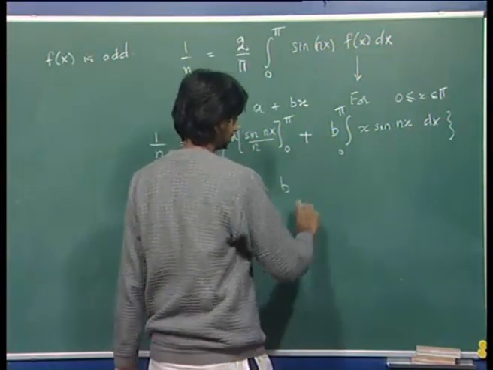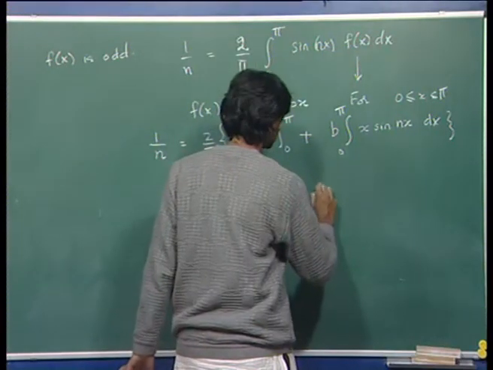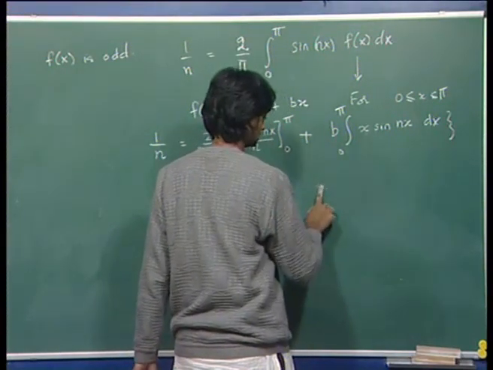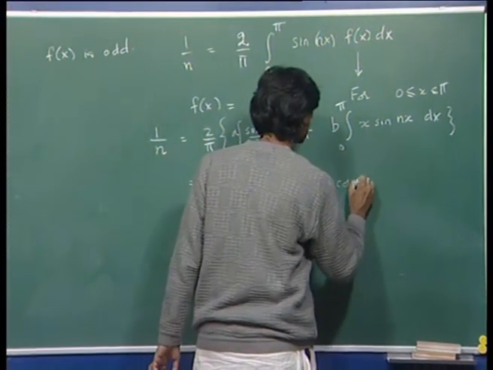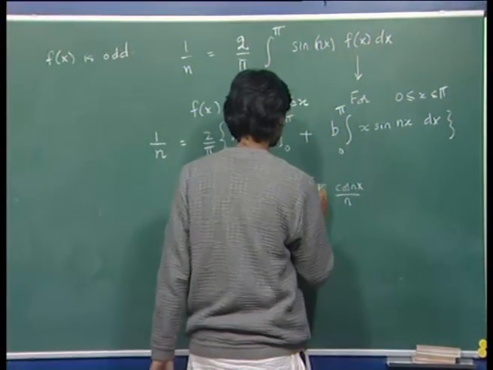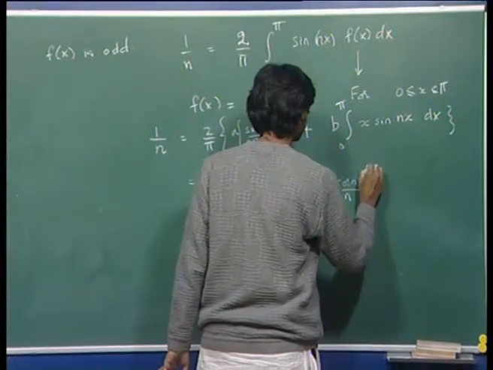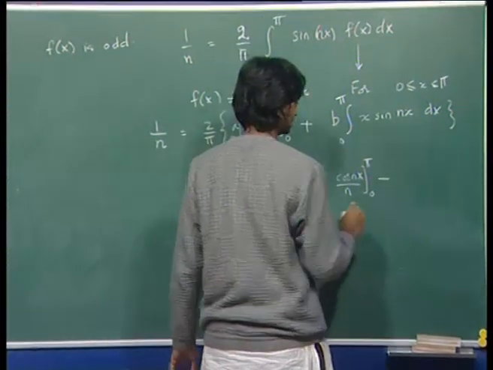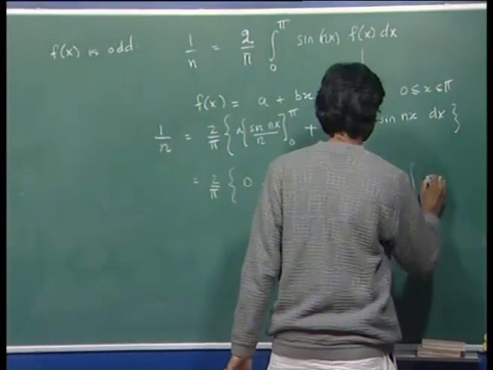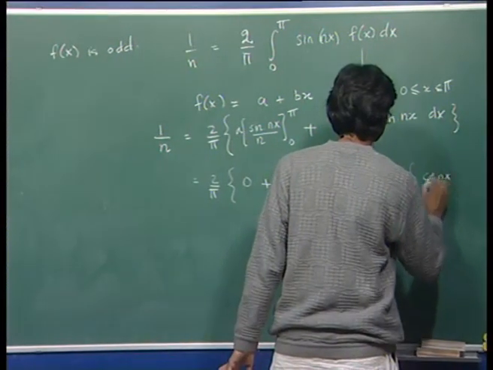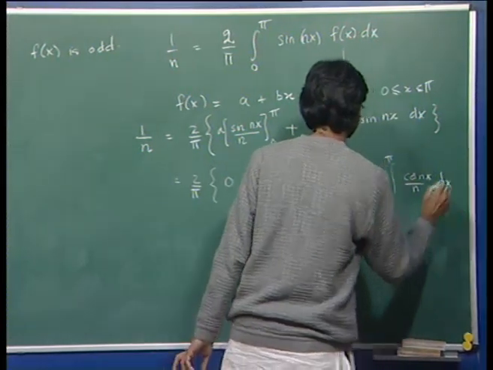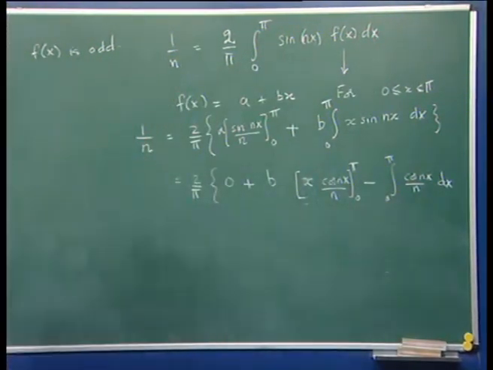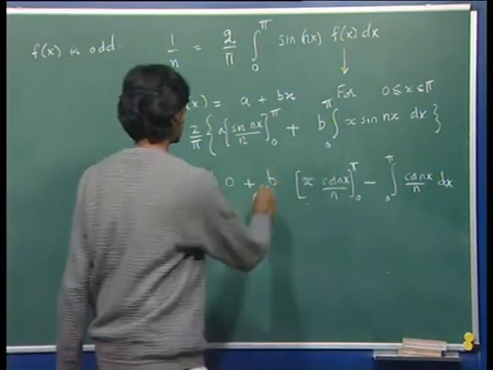You can integrate this by parts. The first term will be x times cos(nx) by n between 0 and pi, and the second term is minus integral of cos(nx) by n from 0 to pi dx, and this whole thing multiplies b.